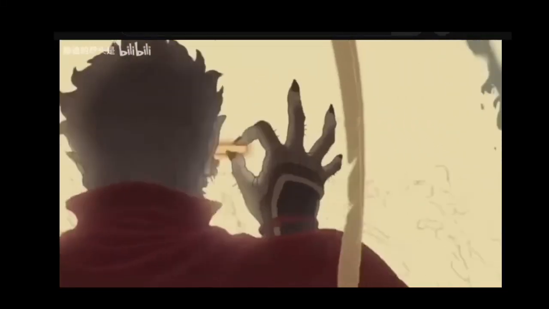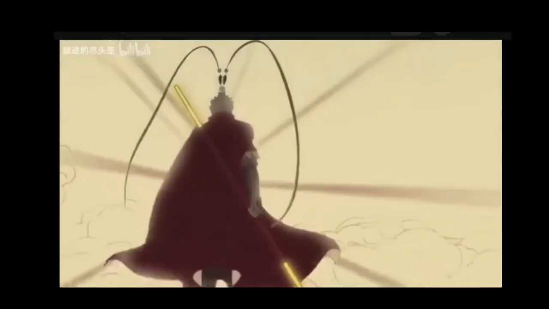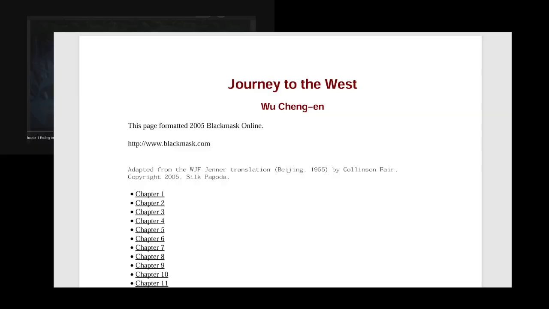So this part is the original Sun Wukong story. This is the translation of the original story, which is connected to all the animations in the game.